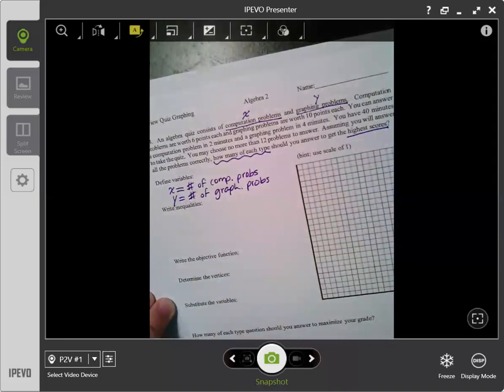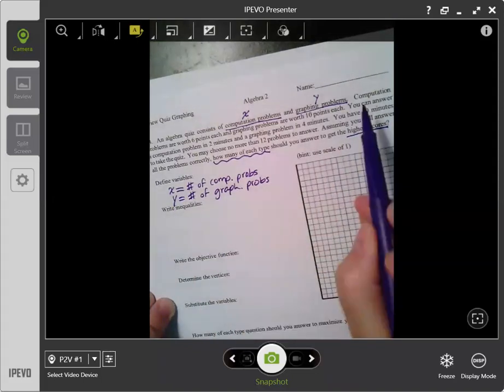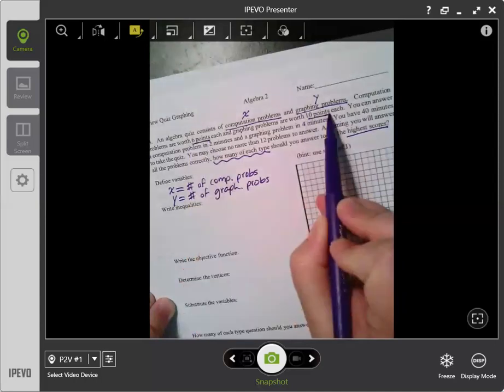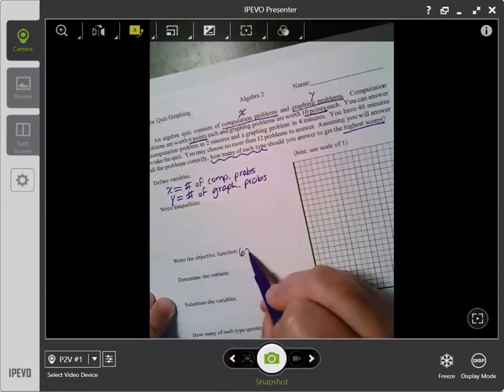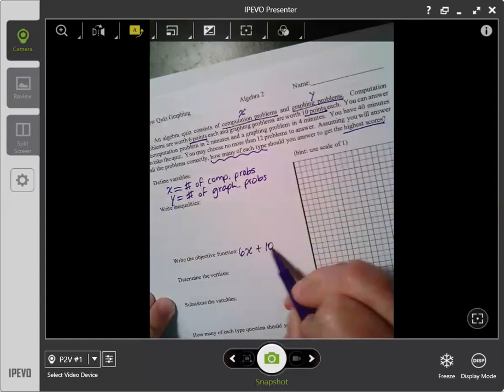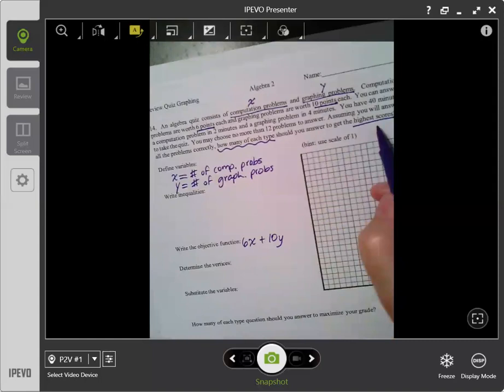And if I knew how many graphing problems I had done correctly, I could do times 10 points. So that's going to tell me the score, and that is my objective function. So 6 points for each computation problem plus 10 points for each graphing problem will tell me my score, to figure out what the highest is.